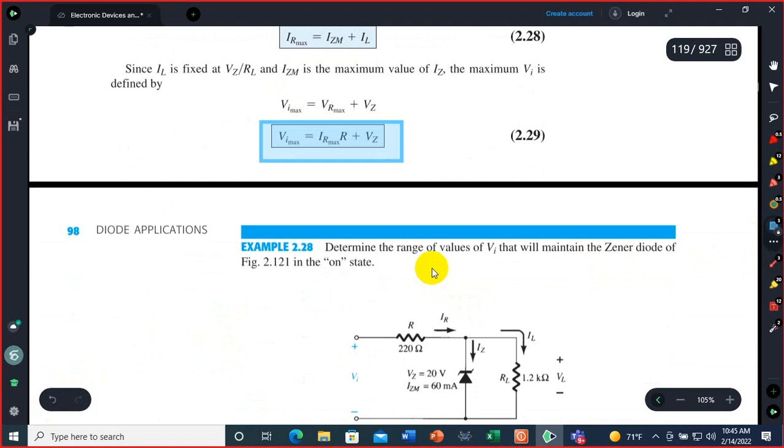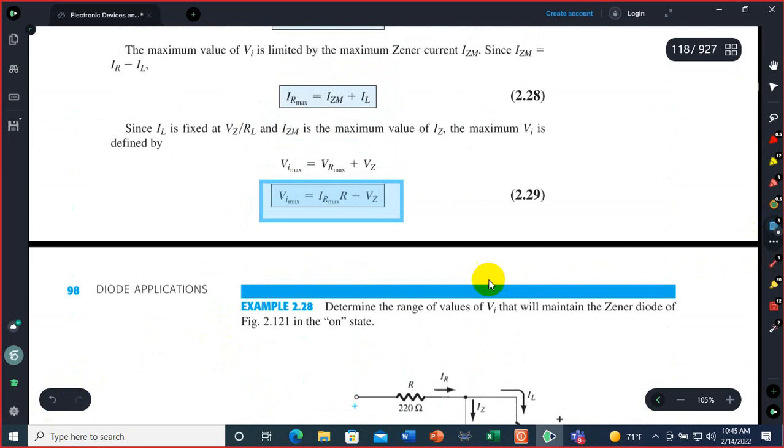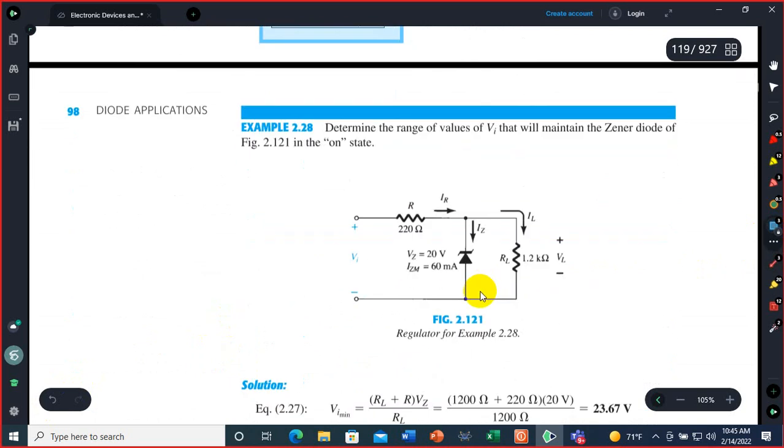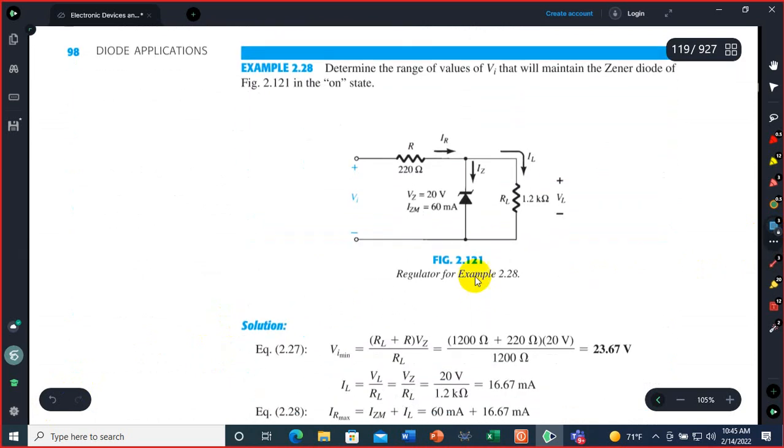Determine the range of values of Vi that will maintain the zener diode in the on state. Using this analysis, we'll now use the formula. This is our circuit, and we are interested in the input source. What are the minimum and maximum of this source?